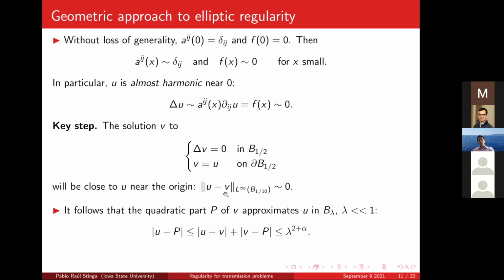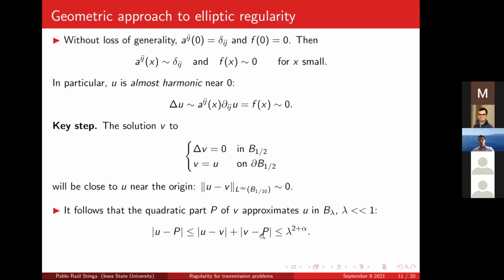And now with v, you can construct this second-order Taylor polynomial that you need, the quadratic polynomial p of v, which is close to v because v is smooth, it's a harmonic function, right? So then you take the polynomial p, and by the triangle inequality, the difference between u and p is less than u minus v plus v minus p. But v was already close to u because of this result here.